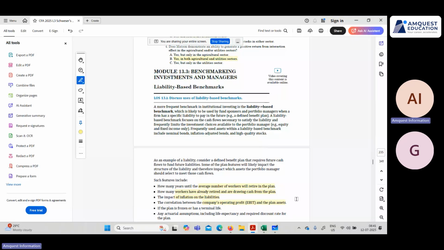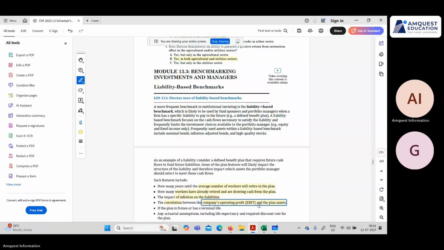And that's the time you realize that the company itself is not performing well. So it is important that we look at the correlation between the EBIT and the plan assets. If the company is not performing well, I would have fewer assets and I would want to put in more assets, but I don't have money if the correlation is high.